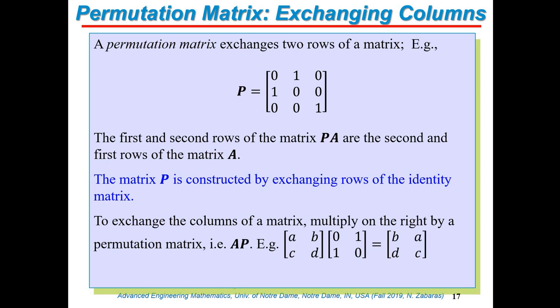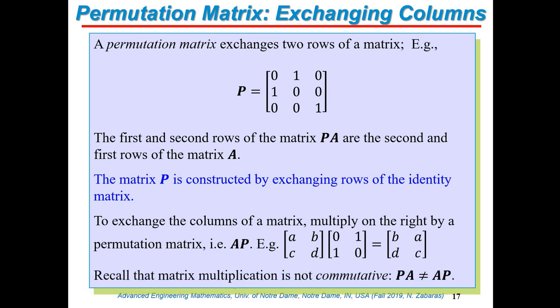So permutations from the right exchange columns, permutations from the left exchange rows. And of course, you can appreciate the fact that PA is not the same as AP. Remember, when you exchange the order of matrix multiplication, it's day and night. So don't expect P times A to be the same as A times P.